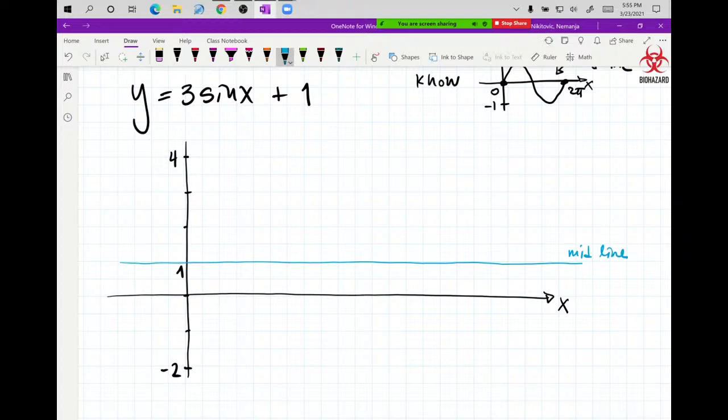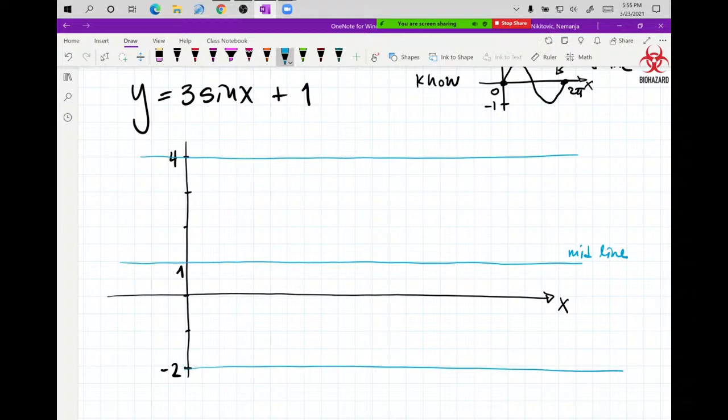And I'm going to put my guidelines there. So I have the max line, which is where the maximum is going to be, and the min line. So now I just need to put my function in it.